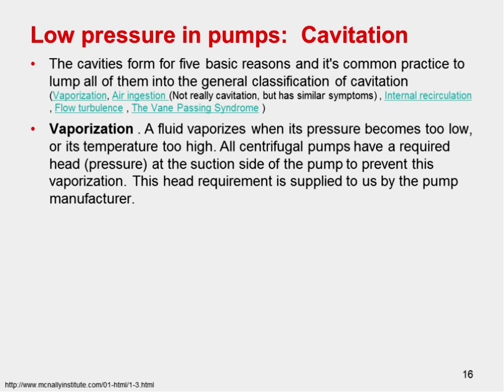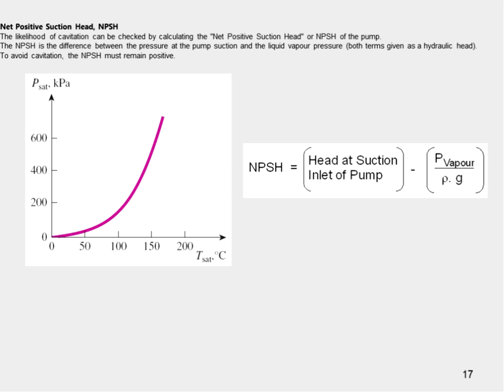That's what happens. In order to avoid this situation, the manufacturers will give you a requirement for pressure, or head requirement, at the suction side of the pump, and that is called the net positive suction head, and you have to make sure that your suction pressure is at least equal to or larger than the net positive suction head.